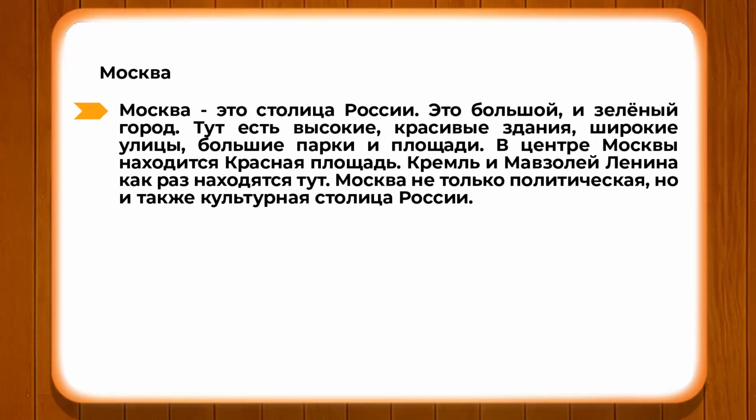Москва не только политическая, но и также культурная столица России. So here in the first paragraph we have seen what kind of buildings, what kind of atmosphere, what kind of tradition are there in the capital of Russia, that is Moscow.